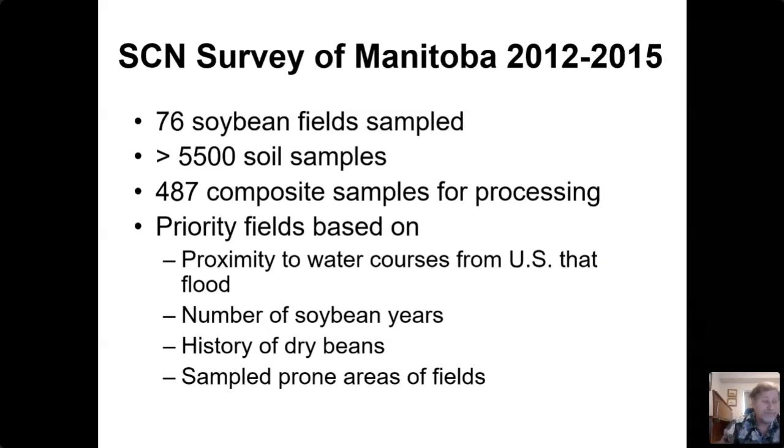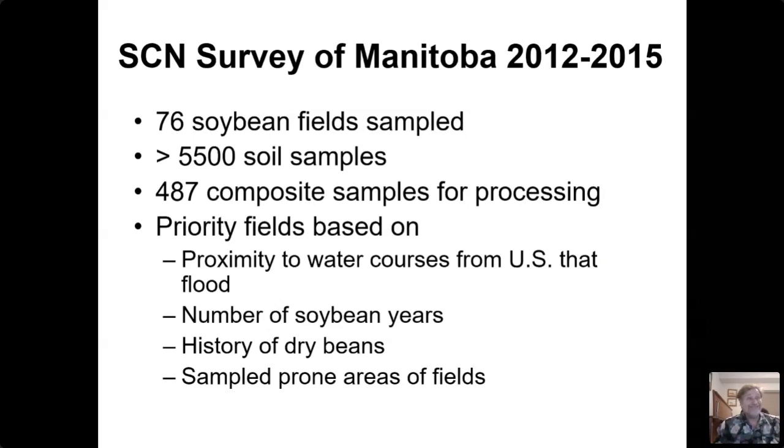Fields with more than 3 years of soybean having been grown on, and not consecutively, but in their history. You have to remember soybean is fairly young as an oilseed crop in Manitoba. So we've had quite an explosion in acreage over the past 10 years.